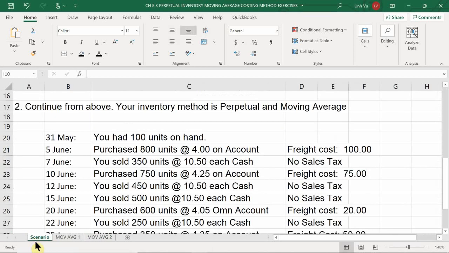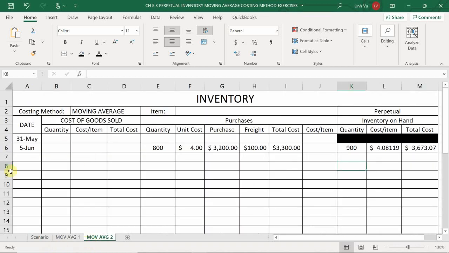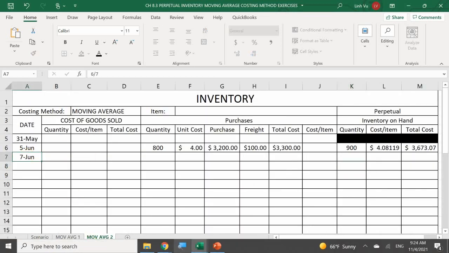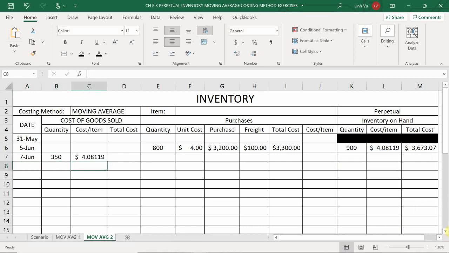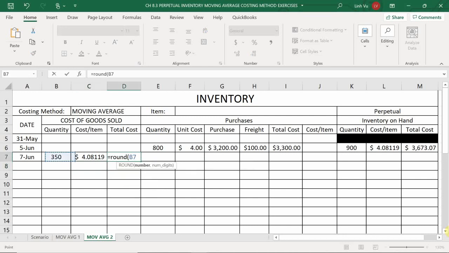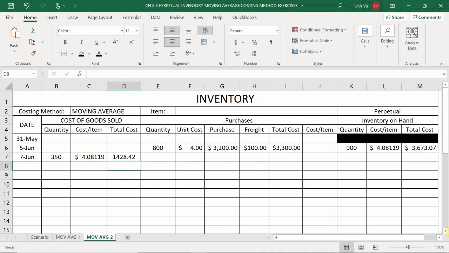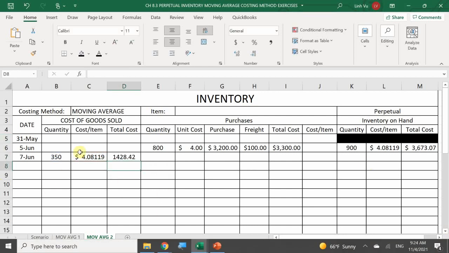Then, let's see what happened on June 7. We end up selling 350 units at an average cost of this number here, which gives me a total cost of goods sold of 1,428.42.